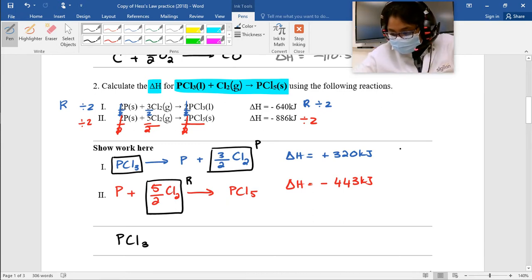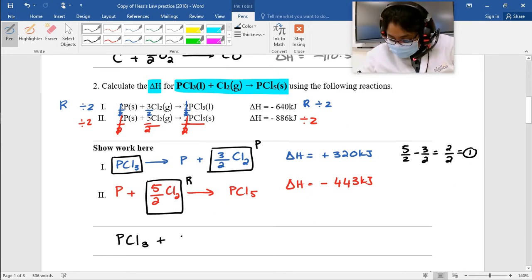So it's a subtraction because they're on opposite sides. Look at this. 5 halves minus 3 halves gives you 2 halves. 2 halves is just 1 whole. 2 over 2 is 1. So we have 1 Cl2. Okay, that's how we got our Cl2.